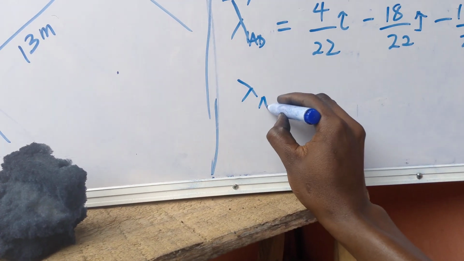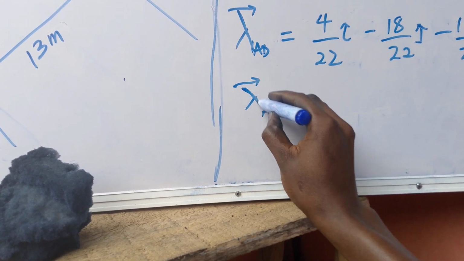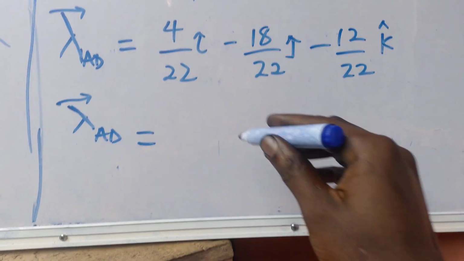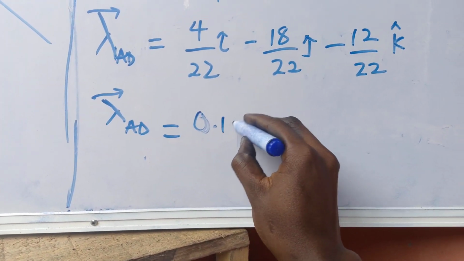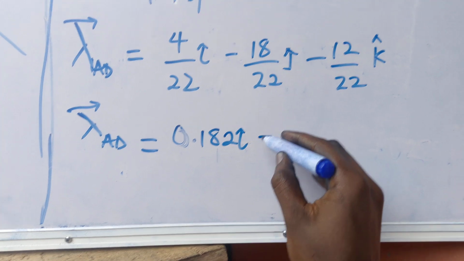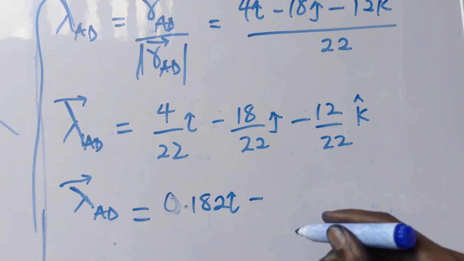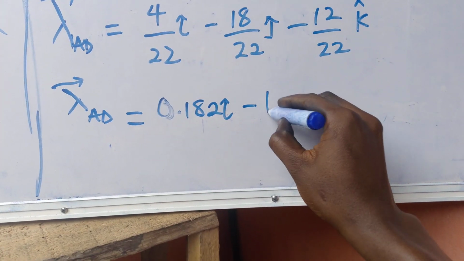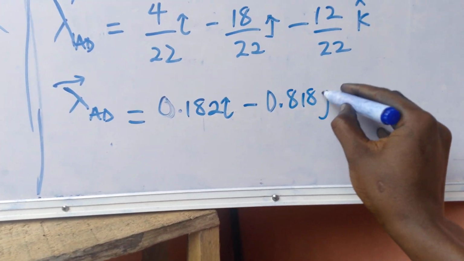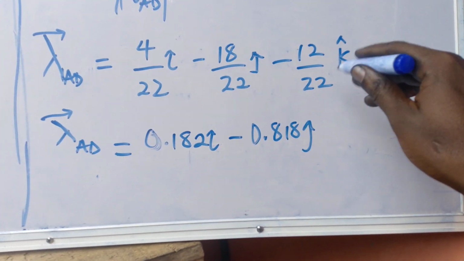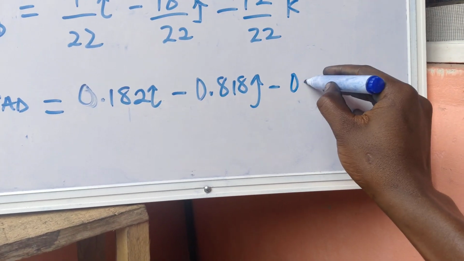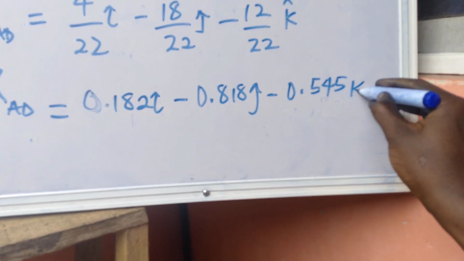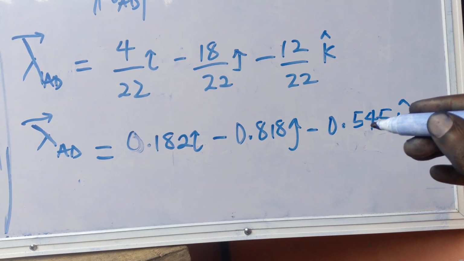So that lambda AD will be equal to 0.182 i minus 0.818 j minus 0.545 k.